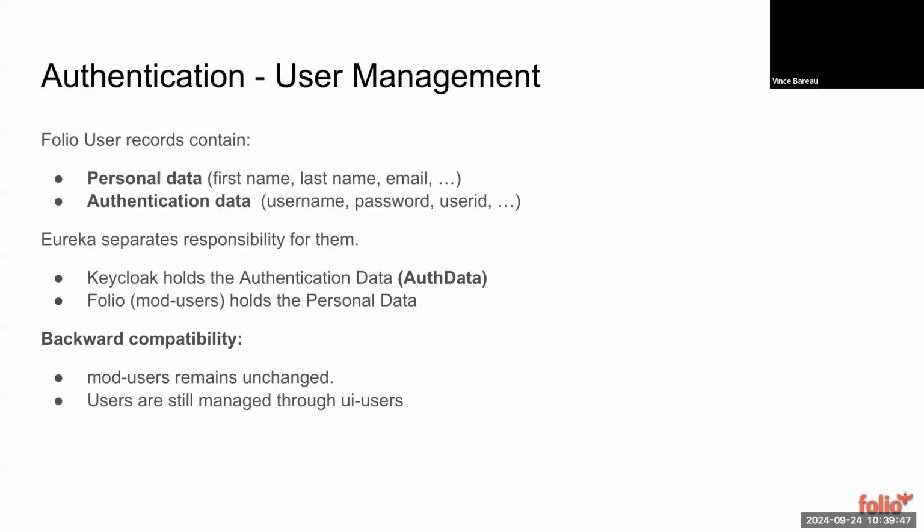So if you've got a password, a username, that's for authentication. If you have an email, first name and last name, the name of your mother-in-law's first dog, that's all personal information. So we separate it out and we put the auth user data essentially into Keycloak, and that's where it's responsible. And we leave on the Folio side all the personal information.